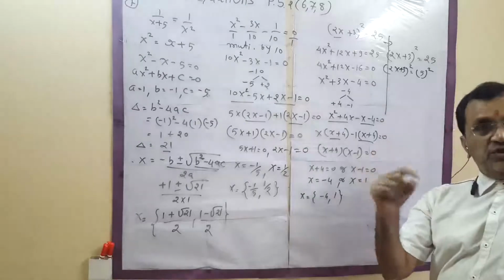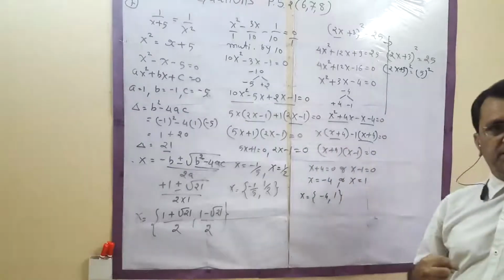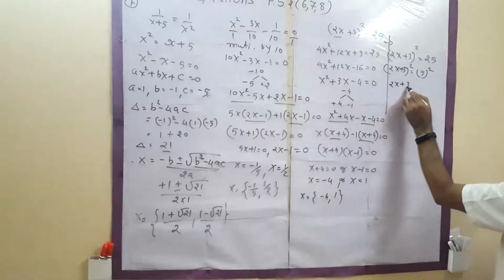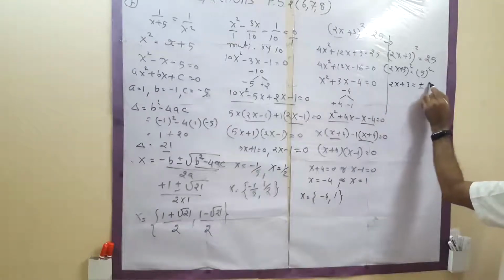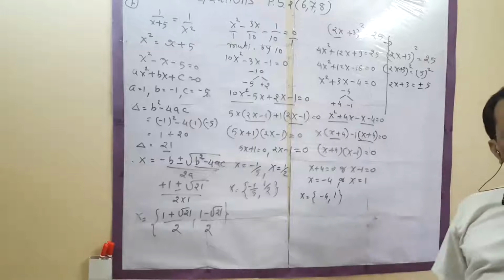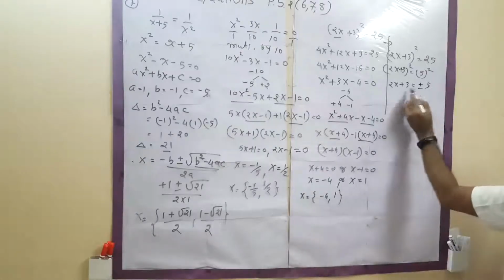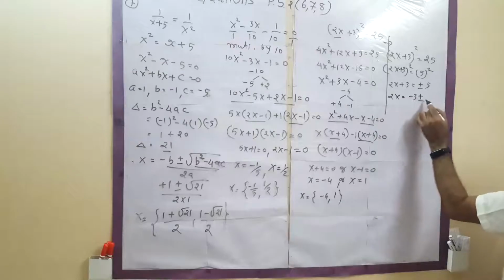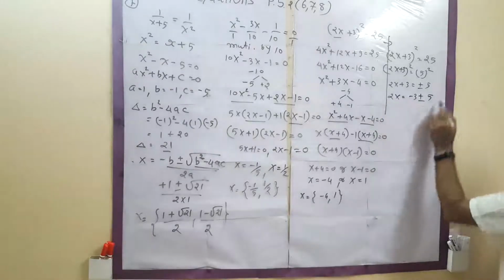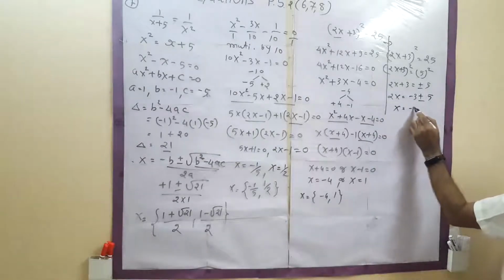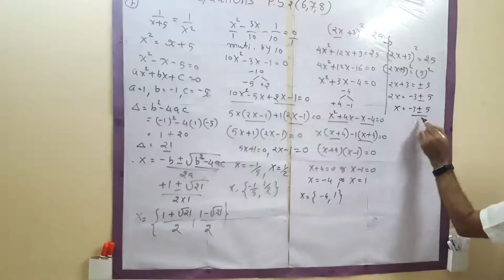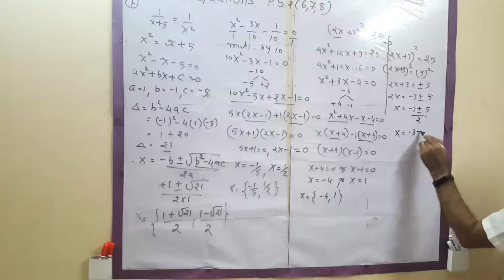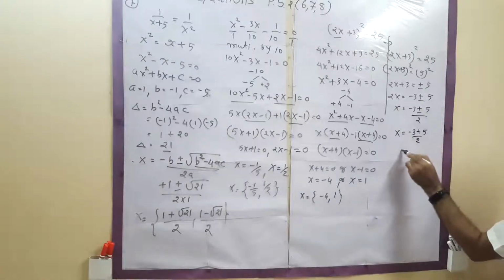Bracket square, 25 means 5 square. Now remove the square on both sides: plus or minus 5. This comes to this side. 2 comes down. So x is equal to minus 3 plus 5 by 2.